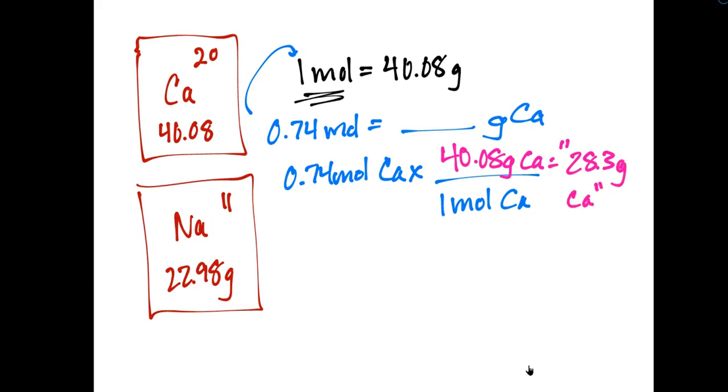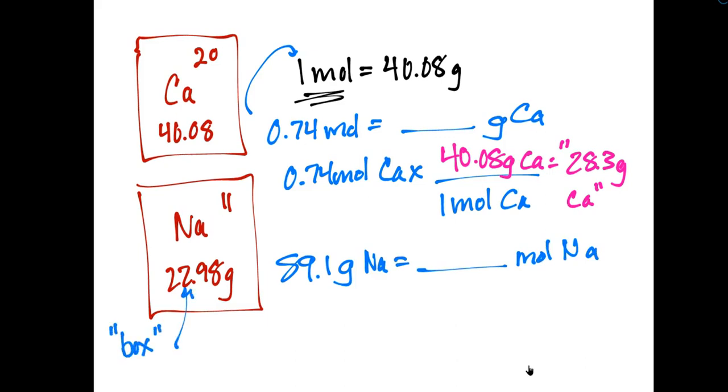Okay, that's all you do. But what if you had, let's say, 89.1 grams of sodium? How many moles? Whatever moles are, doesn't matter. How many units, how many lumps, how many boxes? We know that one box weighs 22.98, or one lump. We could say that, 1 unit. The idea is conversion factor here. Okay, you just do the same thing. 89.1 grams of sodium. Remember the rule.